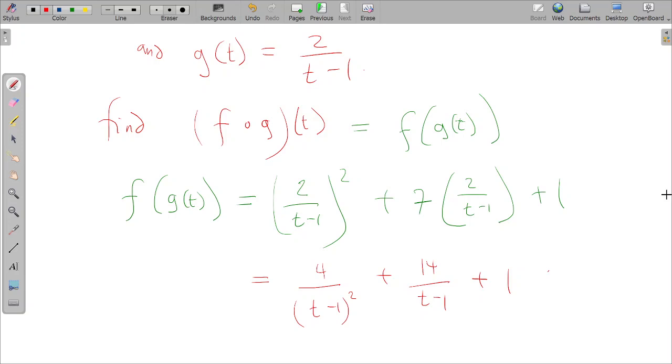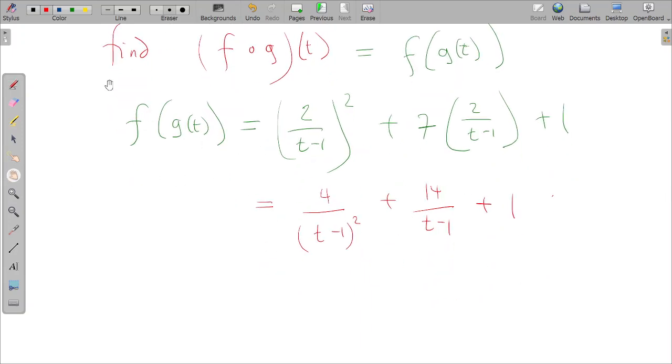All right, when you find the composite function, we can also ask you to find the domain of that function. So for example now, find the domain of f of g of t. The domain of this one again, don't forget we are dealing with t, not with x.